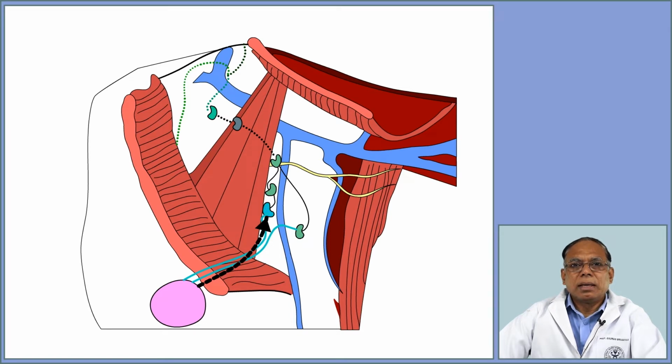From the efferents of these nodes, lymphatics go to higher echelon nodes called the second echelon or second station nodes. From there, the efferents will carry the lymph and the tumor cells to the higher order nodes, and this will then continue.